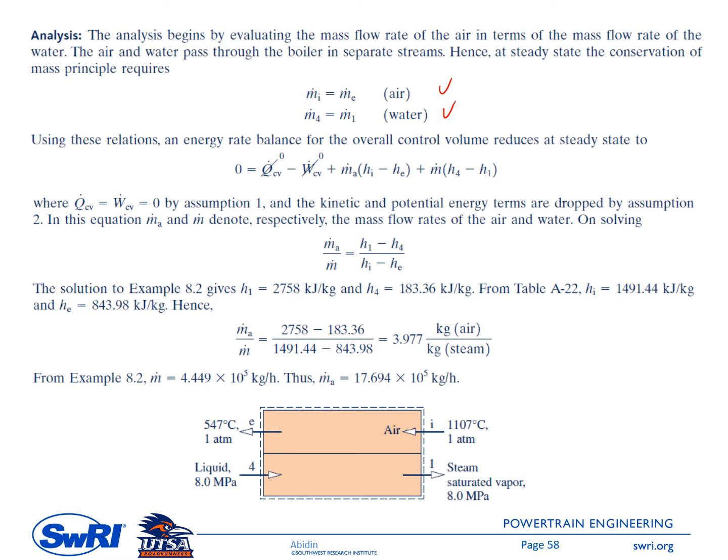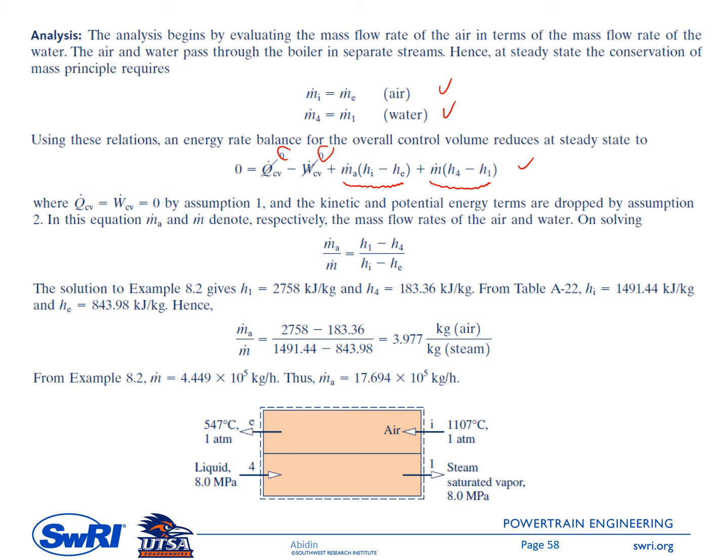And then this formula is the energy balance inside the heat exchanger. So Q0 and W0, and then this is the change of the flow energy from the gaseous stream balanced by the change of the flow energy from the water stream.